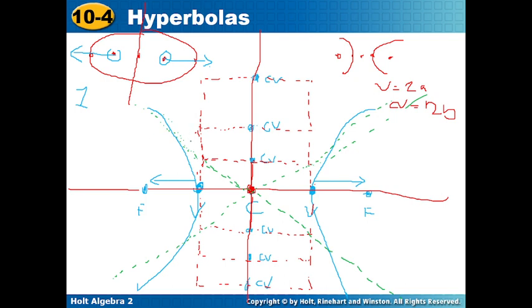So these asymptotes also help us identify how wide your graph would be. For example, you have these vertices and co-vertices, and you have these asymptotes, this broken green line, and it serves as the limitation.